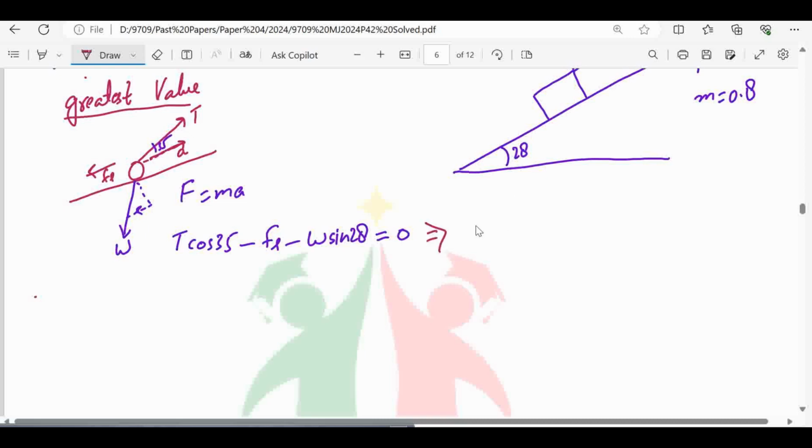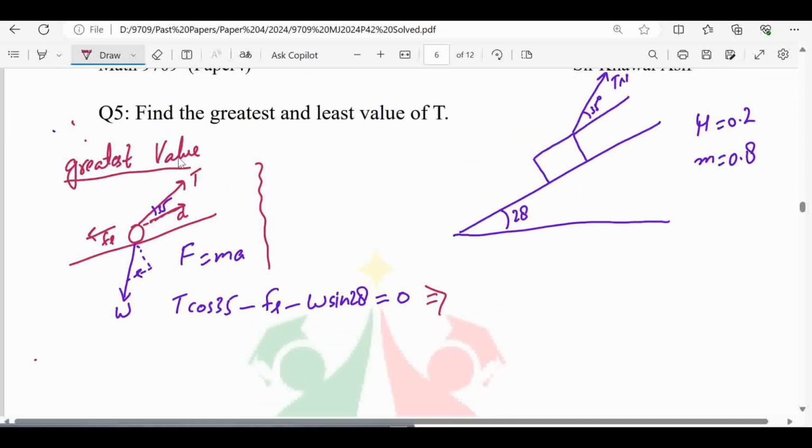Now for the horizontal component, let's see the horizontal component here for the greatest one. This one is R. So R minus W cos of 28 is equal to 0. So R is equal to mass 0.8 into 10 cos of 28.